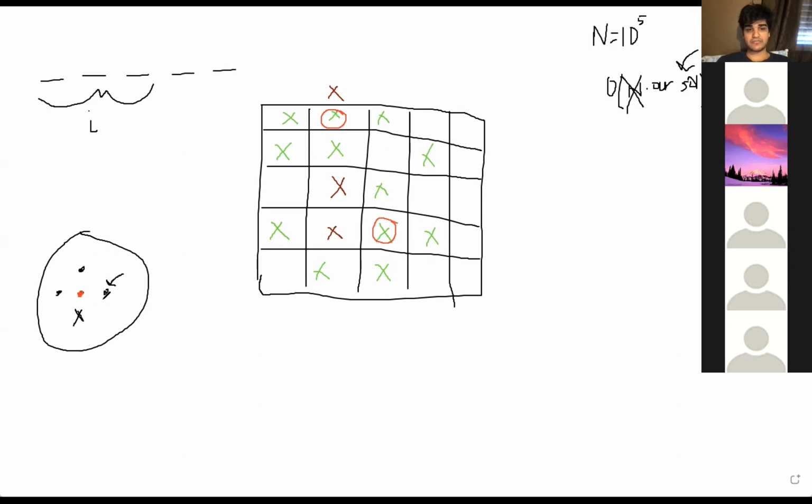If this cow over here gets removed, then we don't actually need this X anymore, because this original cow isn't comfortable. The same is true for all of these other cows. If any of these cows gets removed, then we don't actually need this X anymore. So essentially, the set of cows that we added, all these X's, will be larger or equal to the set of cows needed on a previous prefix.